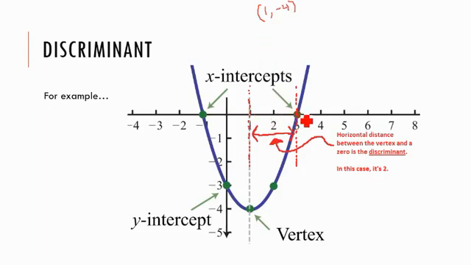So this intercept on the right is actually at 3, 0. You can see the difference in x is 2, so from 1 I go over 2 and I get to 3. If I do the same distance to the left, 1, 2, look at that. I get to the other x-intercept, which is negative 1, 0. So in this case, it's 2 away from each other.